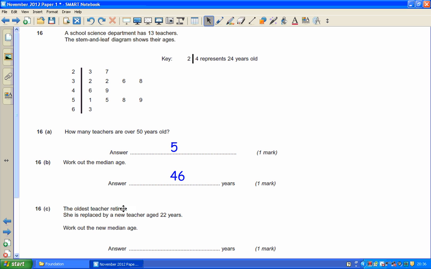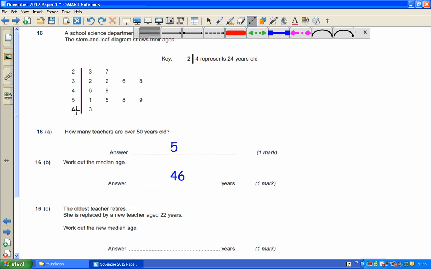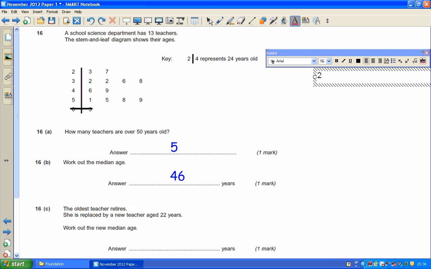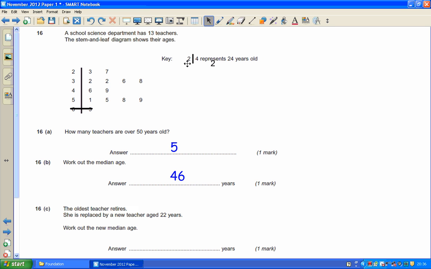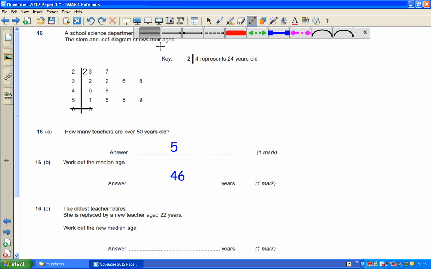Right, so the oldest teacher retires. So this one here retires and is replaced with someone who is 22. So 22 is going to come in to there. So now work out the new median age.